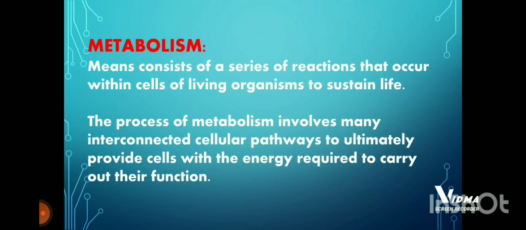If we try to understand in a simple way, so many reactions are running in the body, they are interconnected, and they produce energy and provide energy to the cell to carry out their function as well as sustain life.